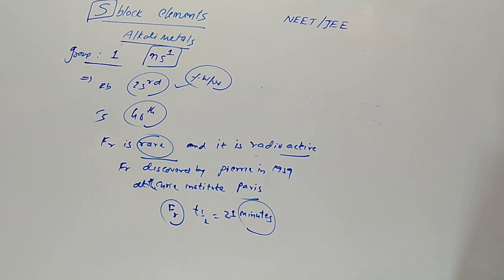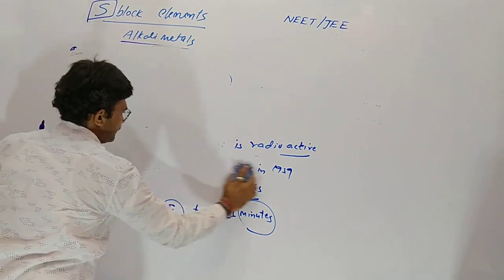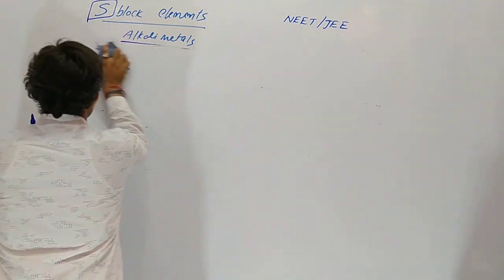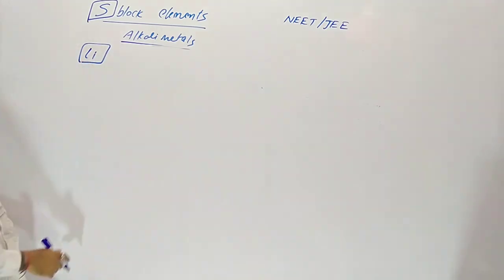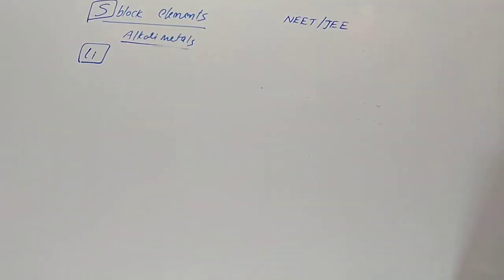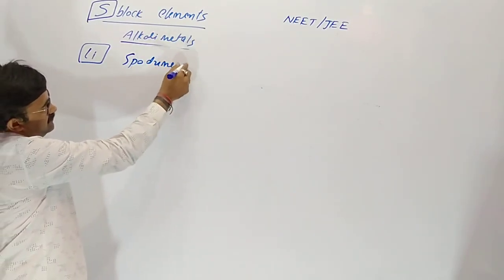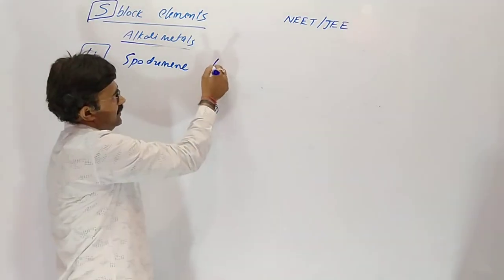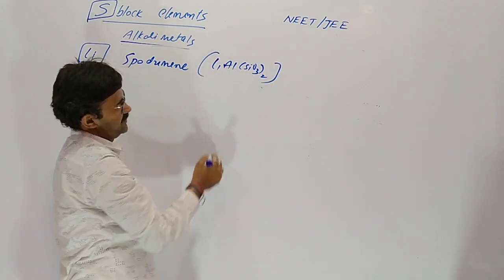Now another point: minerals of lithium. Important: the minerals of lithium are spodumene, LiAl(SiO3)2.